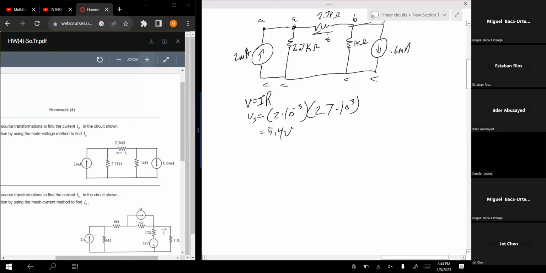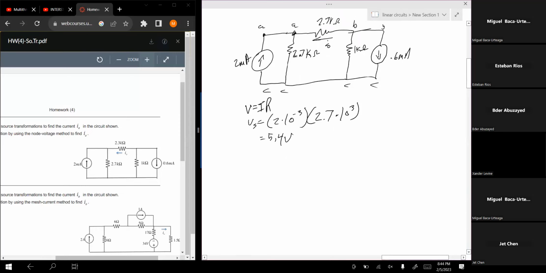Now, the way I usually think of it is the arrow is pointing to where the positive side is. So we have positive, negative like this. And then the resistor goes in series with it. So here we have the 2.7 kilo ohms, and then this is going to be 2.3, and then this is just going to go like this.